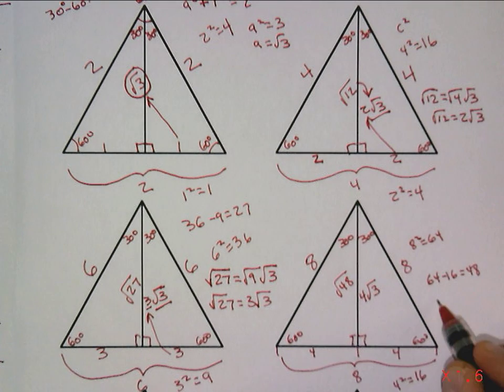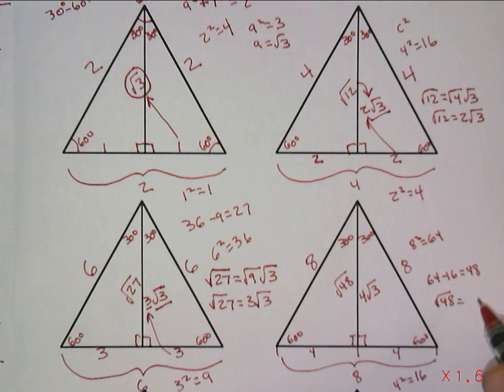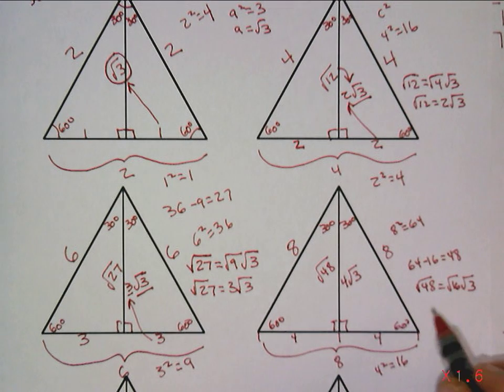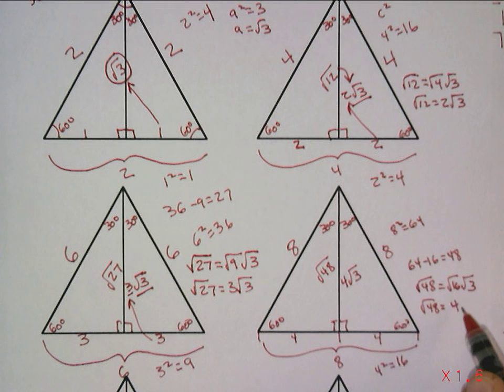But the square root of 48 is actually the square root of 16 times the square root of 3. And I know what the square root of 16 is. It's 4. And so I do get, if I did it the long way, 4 square roots of 3.